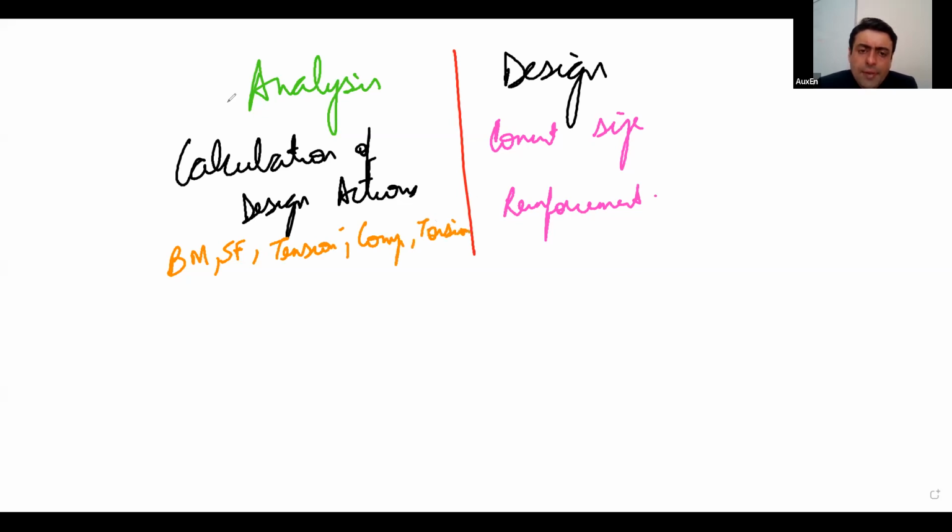Any structure, whether it is the tallest building in the world, or a G+1 structure, the longest bridge in the world, or a small culvert, the elements will have these design actions, isn't it? Bending moment, shear force, tension, compression, or torsion. So calculation of these design actions comes under the analysis part.